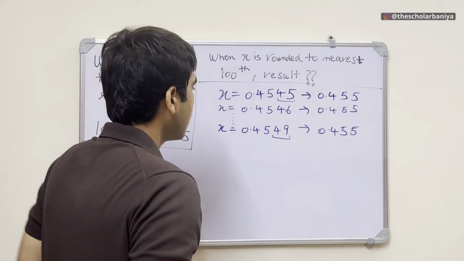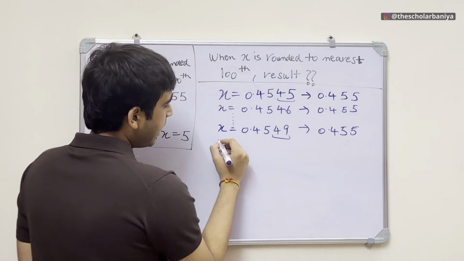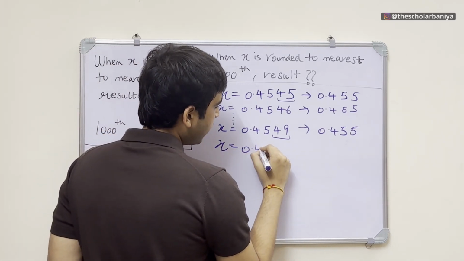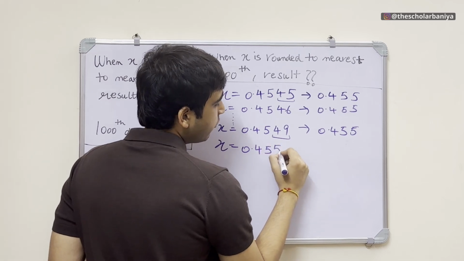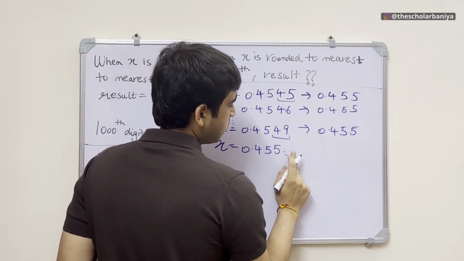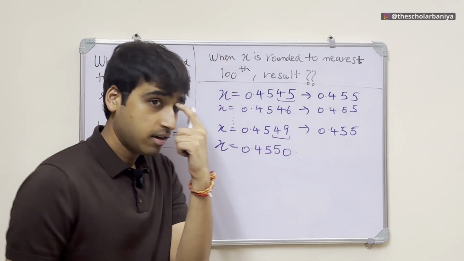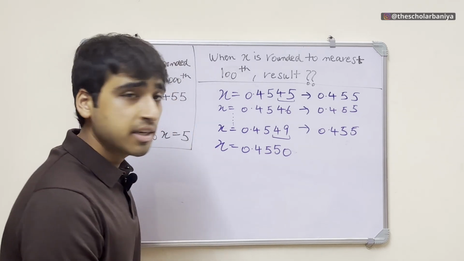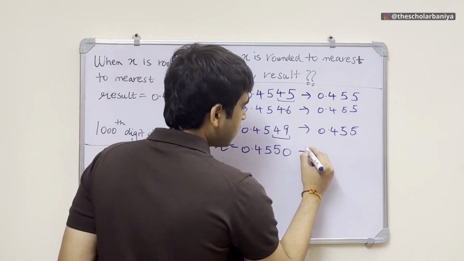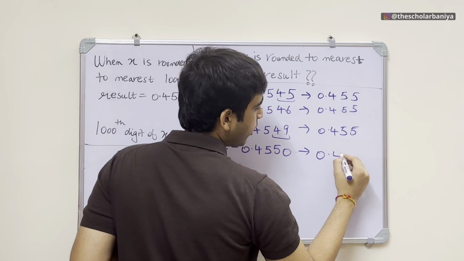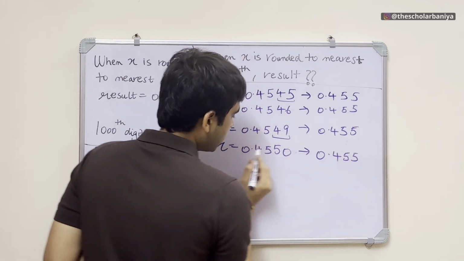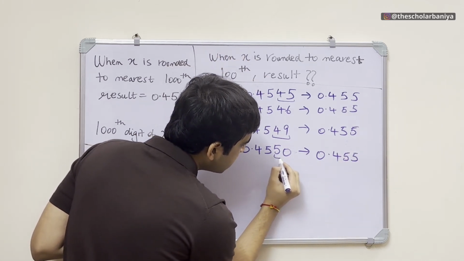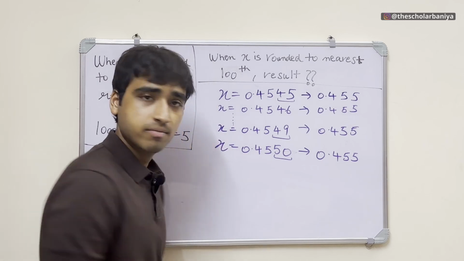Now let's suppose we have x equal to 0.4550. If we round this off to the nearest thousandth, what will we get? We will again get 0.455, because 0.45 and this part will again become 5.